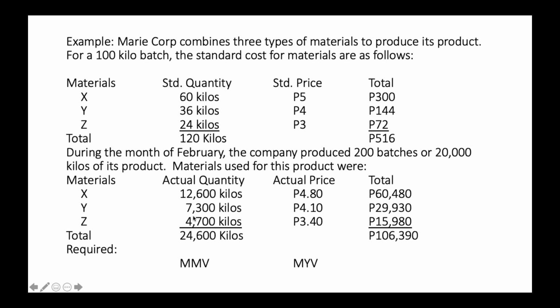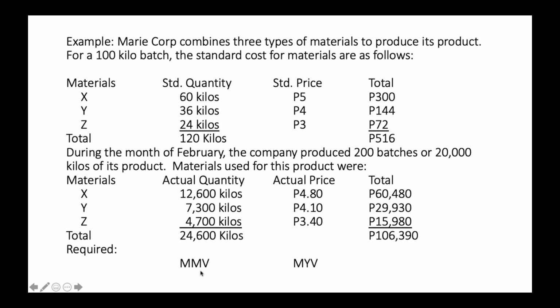For material Y, 7,300 at 4.10, that's 29,930. 4,700 kilos at 3.40, that's 15,980, or a total of 106,390 pesos for the production of the 20,000 kilos or 200 batches.